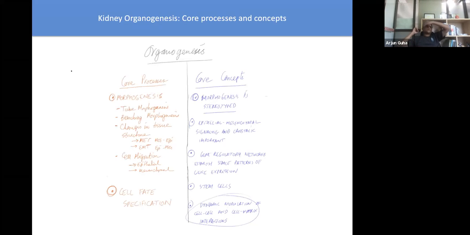So with that, I'll come back to the place where we started and try to set in context what we have studied in the kidney and how that is different from what we've studied in the lung. So let's go over the core processes. The core processes are morphogenesis and cell fate specification.